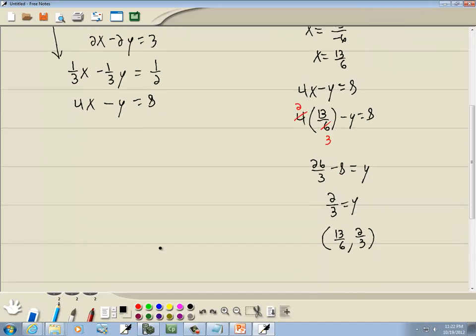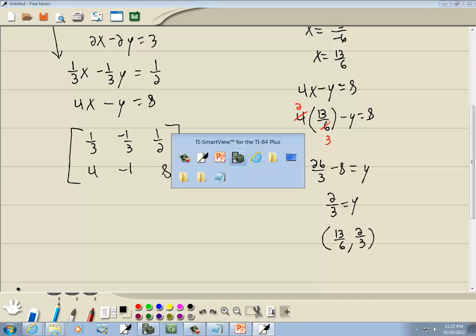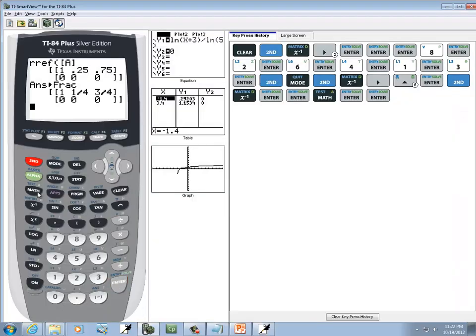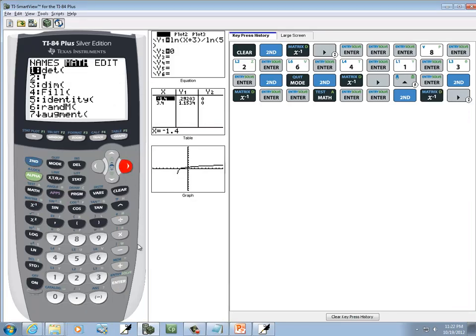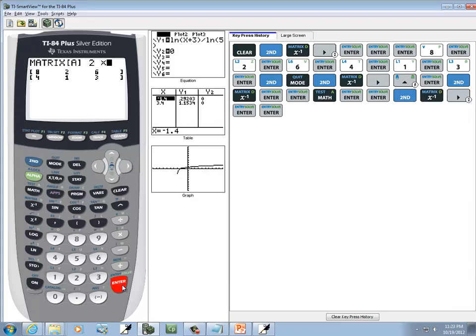And let's write down our matrix. We're going to drop the x's, y's, and equals. So we've got 1/3, -1/3, 1/2, 4, -1, and 8. So let's go put this in and see what we get. So go to my matrix menu, go over to edit, enter that in.